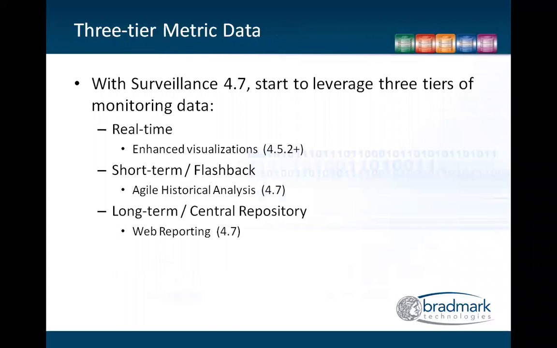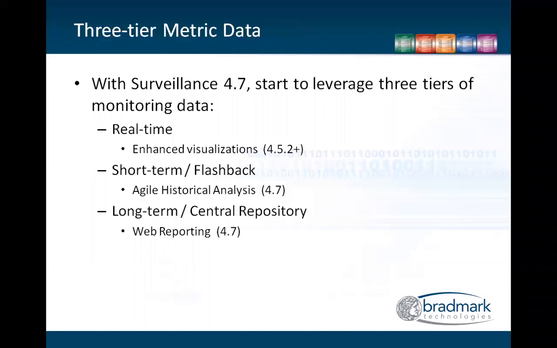Now, the other thing we're also doing in 4.7 is starting to leverage 3 tiers of metric data that we've had for a long time in the product. Of course, we've had real-time, we've had short-term data in the flashback repository, and we have long-term data in the central repository. For the real-time, we're trying to create more enhanced visualizations, and I'll be showing a little bit of that today. We also have the Agile Historical Analysis for the flashback, and of course, web reporting is for the central repository.